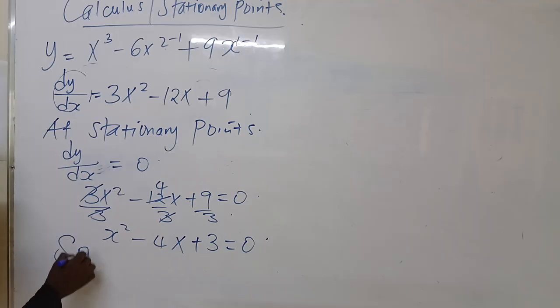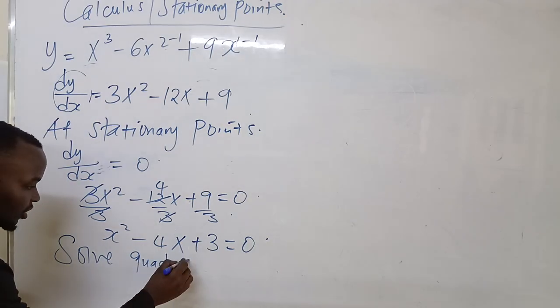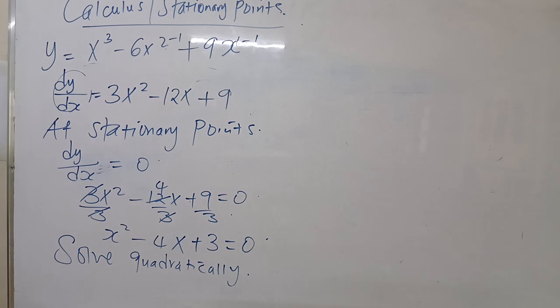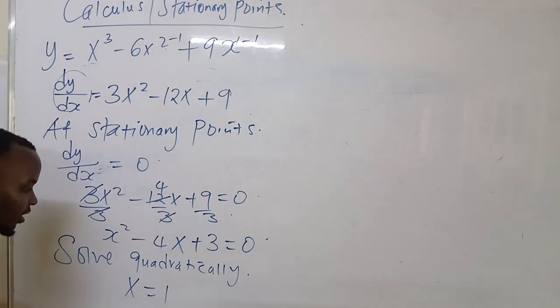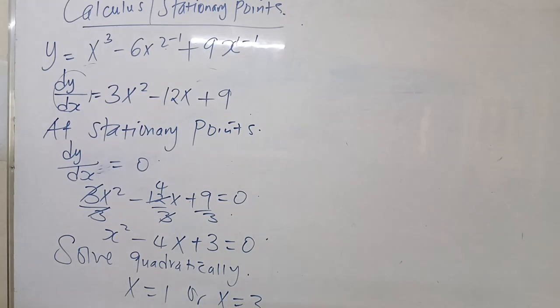And then we solve this as a quadratic equation. We can use the quadratic formula to solve that and get two values of x. And when you do that correctly, you get that the two values of x are x is equal to 1 or x is equal to 3. Those are the two values of x.